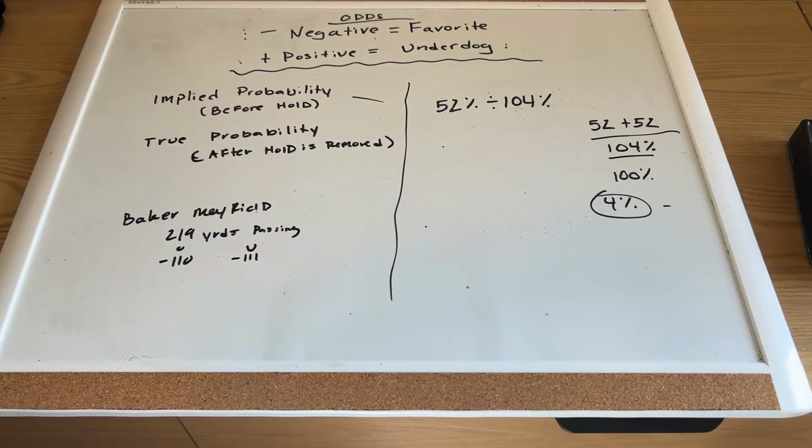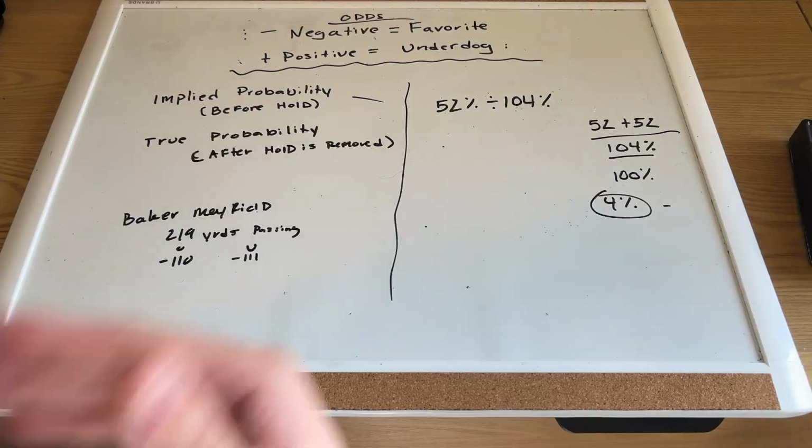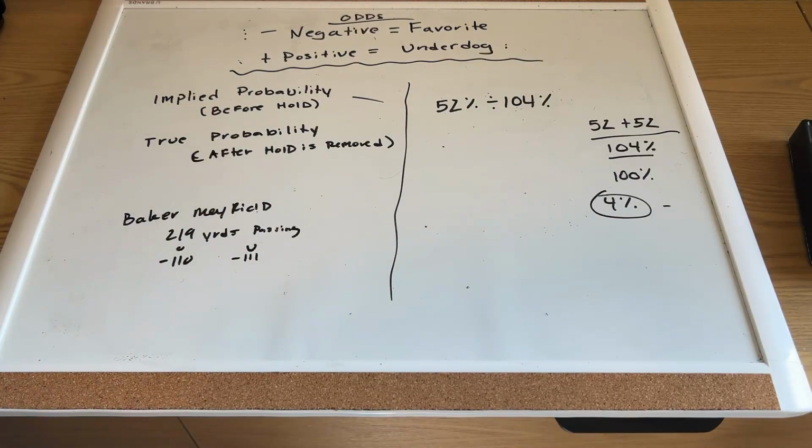You're dividing by that because that's the true total that you're calculating off of. Everything we were doing before was based on 100, which is assuming that there's no hold. But now that we know the hold, that's what we want to calculate off of. So you do 52 divided by 104.